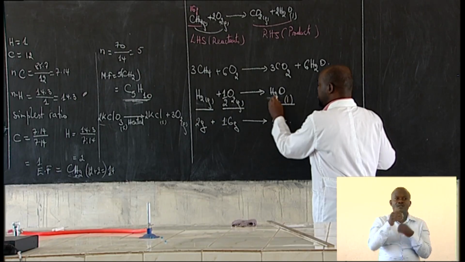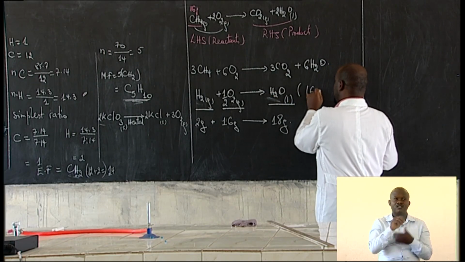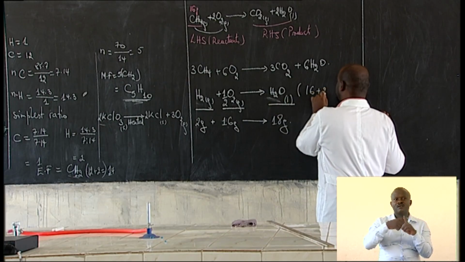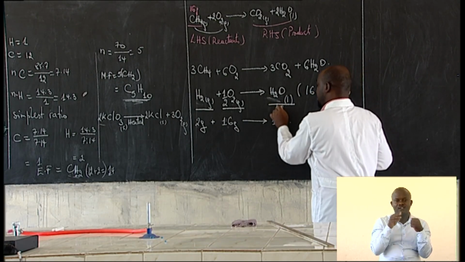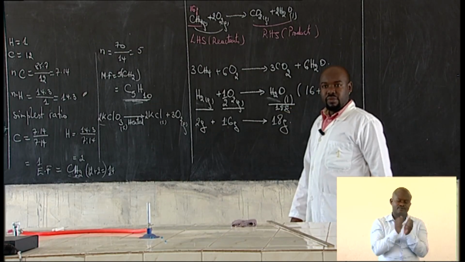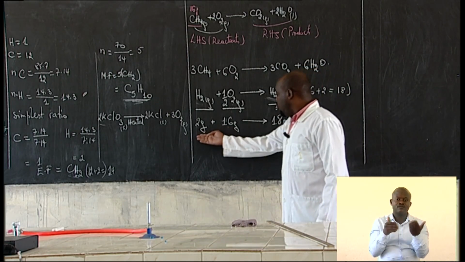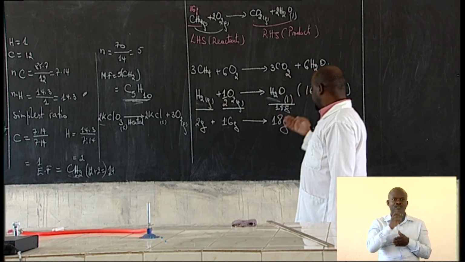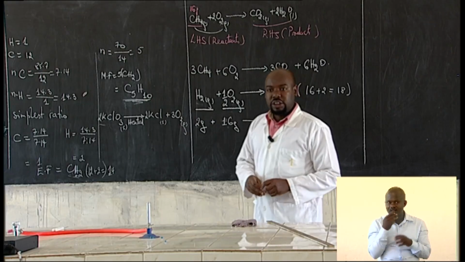Here, for oxygen, it is 16 plus 2 for hydrogen, and that is equal to 18. So here we have produced 18 grams. Now we can see that 2 grams of hydrogen produce 18 grams of water. And let's go back to the question.